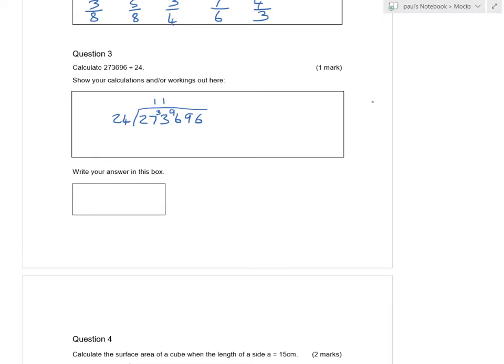Now 24s into 96, it goes exactly. 24, 48, 72, and another 24 is 96. So it goes in 4 times. So I get 11404.